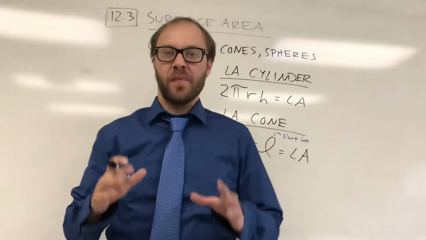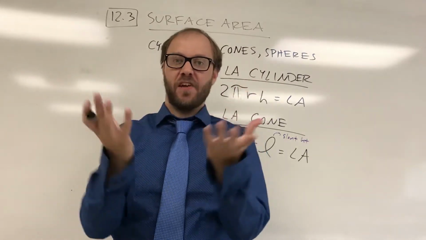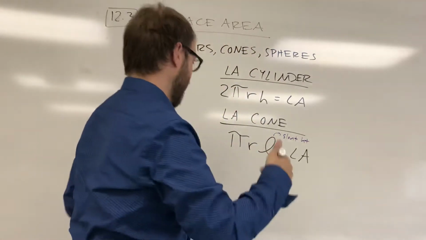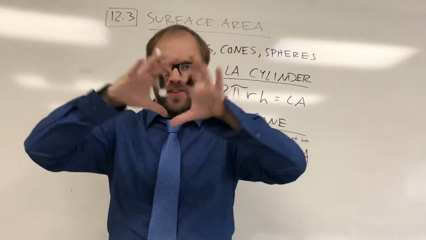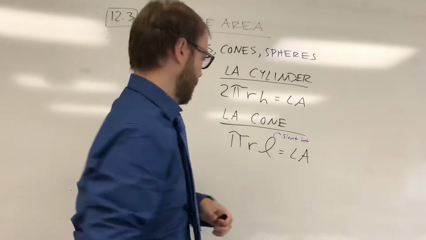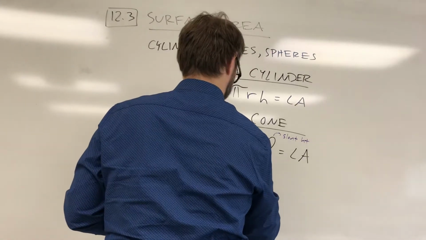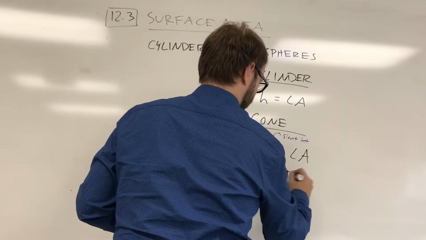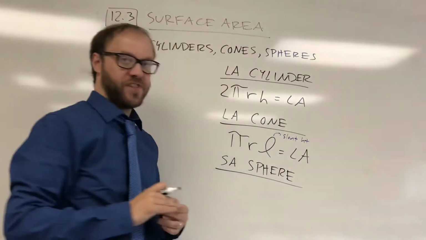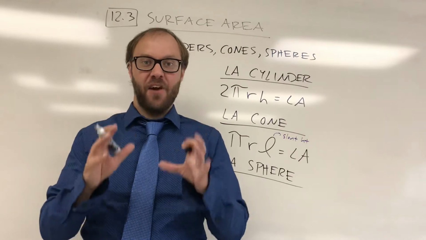And the final formula we're going to look at in this section is the surface area of a sphere, okay? And I'm not going to talk about lateral area. A sphere only has one surface, so we don't really talk about having sides and a base. So I'm just going to talk about the surface area of a sphere. And this can be proved using calculus. The surface area of a sphere is very close to the area formula.